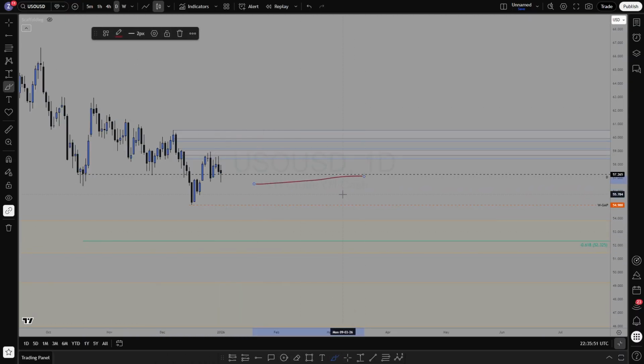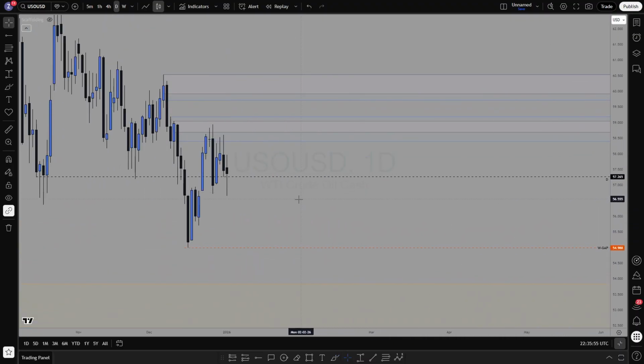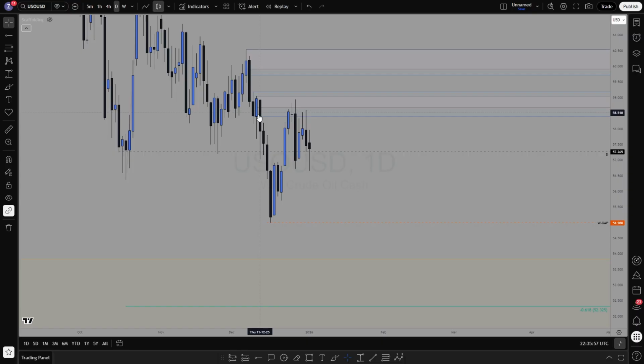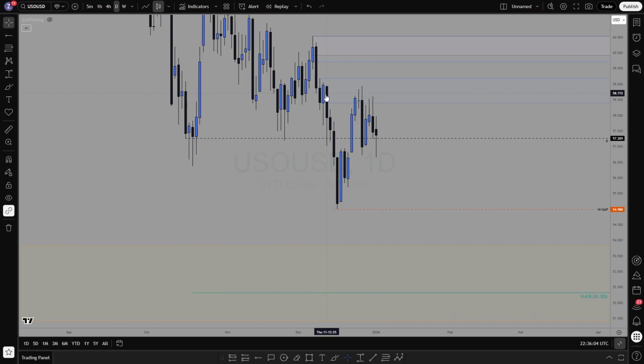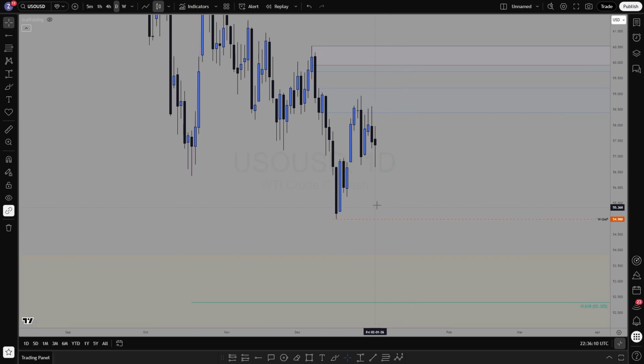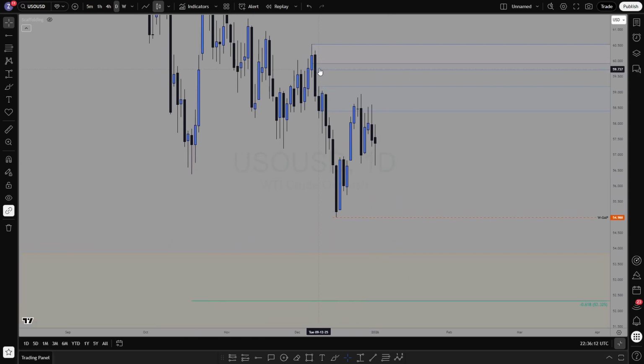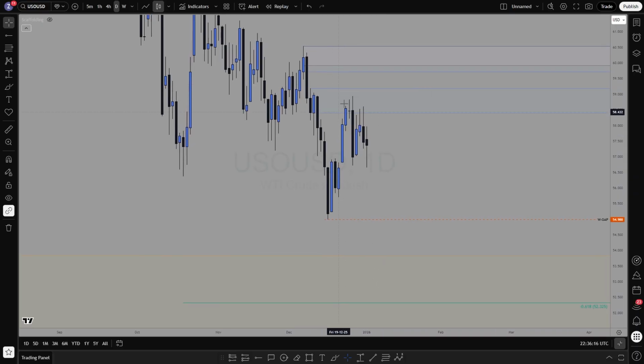Now, entries and executions. I didn't enter on daily supply here. We can get rid of the 4 hour because I'm looking at this from a swing perspective. Daily supply here. And although we broke this daily level, I actually don't need it anymore. We can see that this daily supply above is also fresh and untapped with a gap as well.